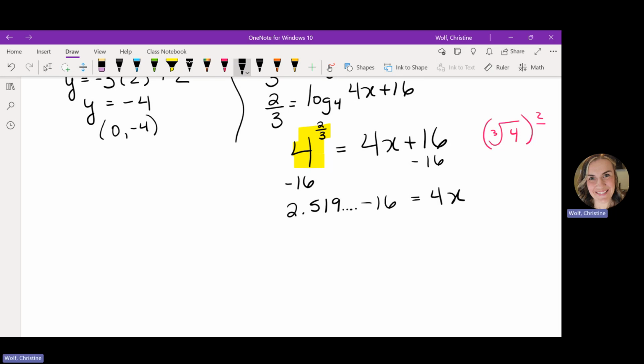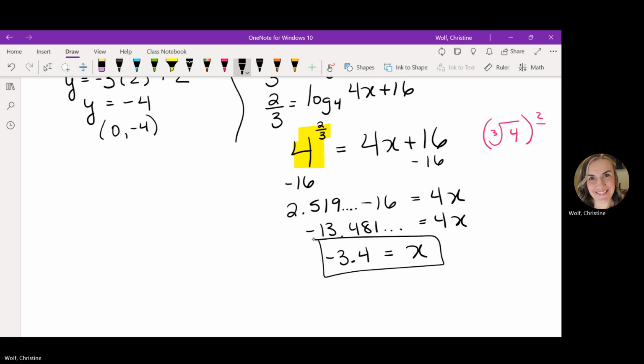I divided by 4 right away. So 2.519-ish minus 16, you should get like -13.481 equals 4x. And now you divide off that 4 and you should get like -3.4. Okay. And I think we're done. We have answered everything they asked.